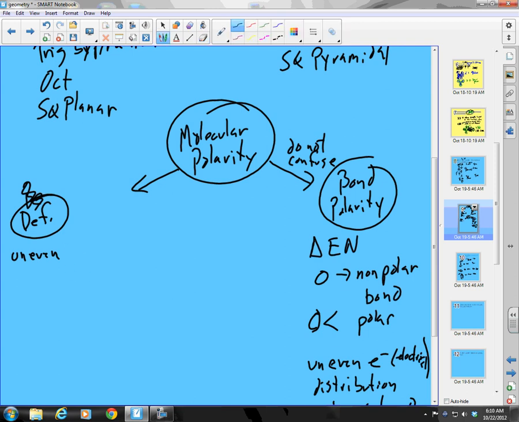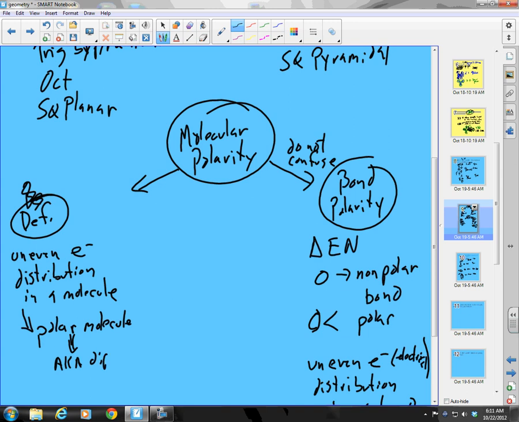Uneven electron distribution in a molecule. Good. And if we have this, we call this a polar molecule. And another word for a polar molecule, aka, is a dipole.